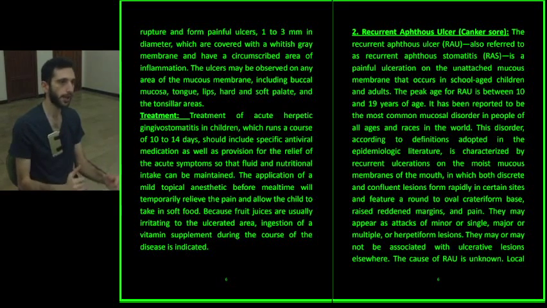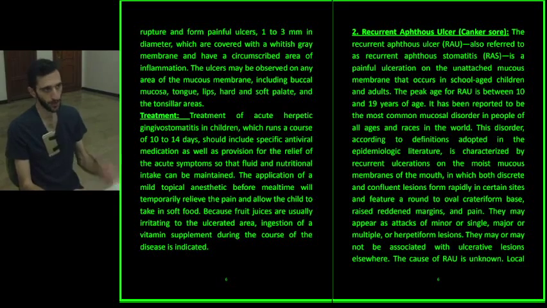The peak age for recurrent aphthous ulcer is between 10 and 19 years of age. It has been reported to be the most common mucosal disorder in people of all ages and races in the world.